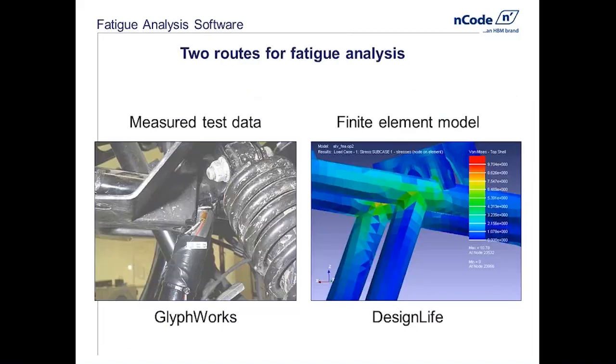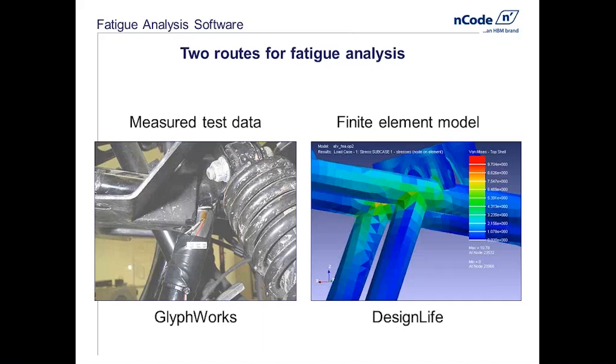From the point of view of a user, one has 2 paths for trying to predict fatigue. One could be using measured data, applying strain gauges, recording measured strains, and using those in a fatigue prediction route. The second is using DesignLife along with FE results to do a virtual fatigue prediction.